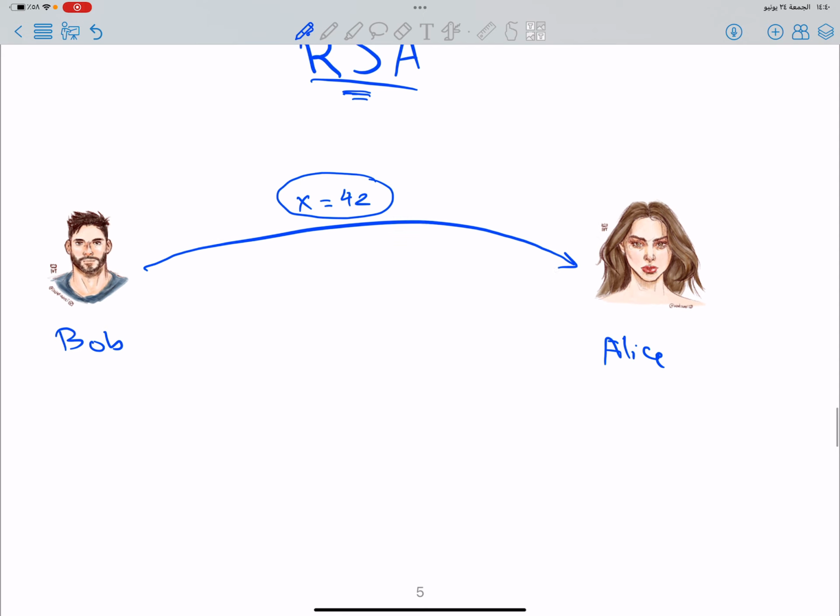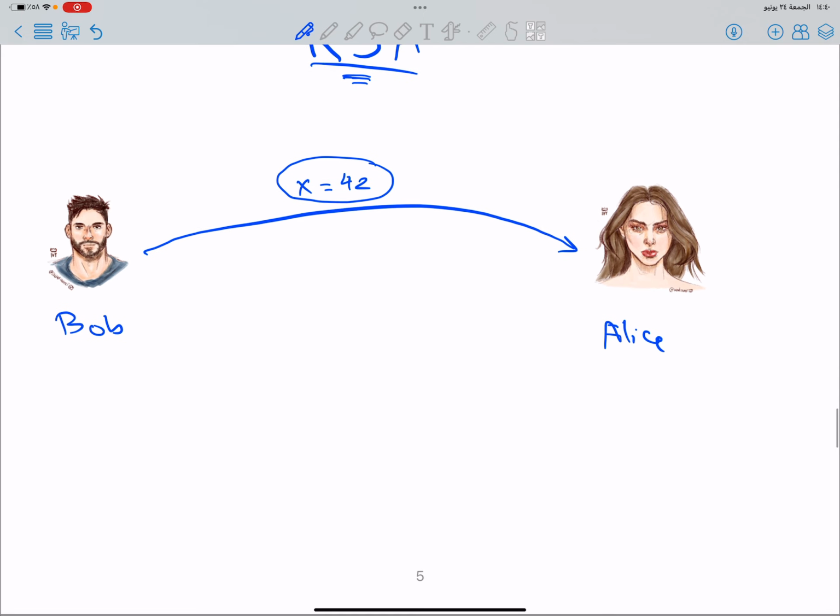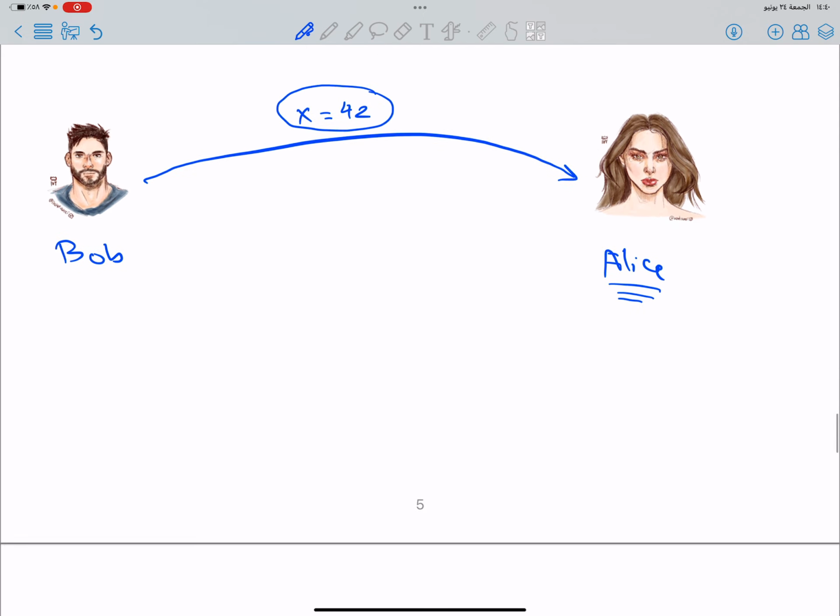Okay, for RSA, Alice should do the first thing. Alice should start preparing to receive the message. What should Alice do?